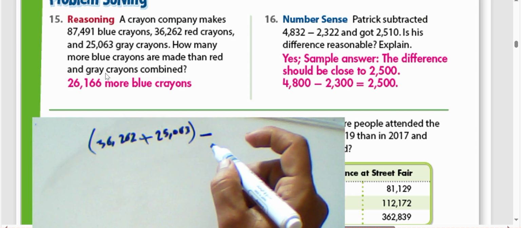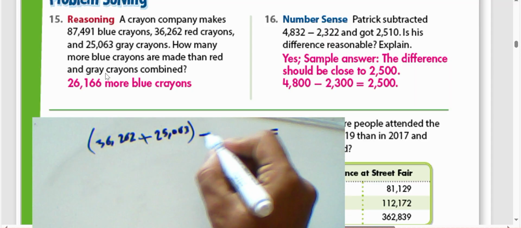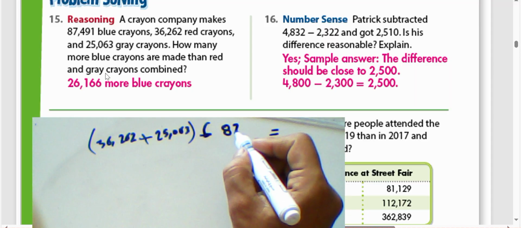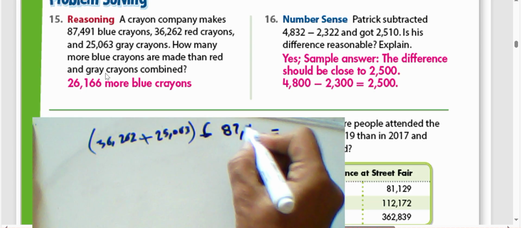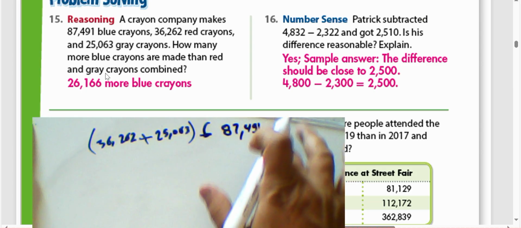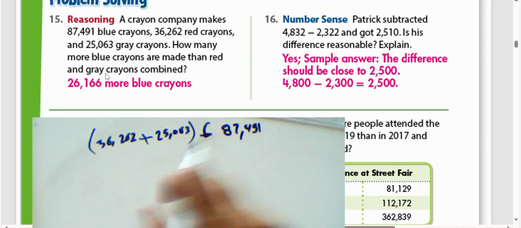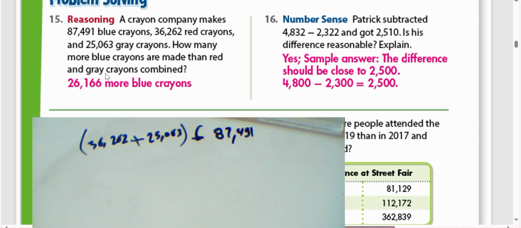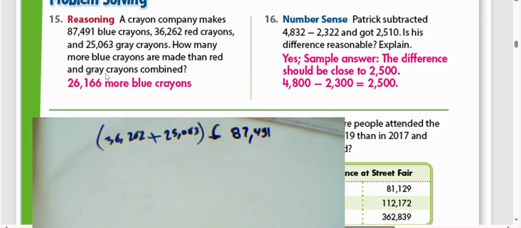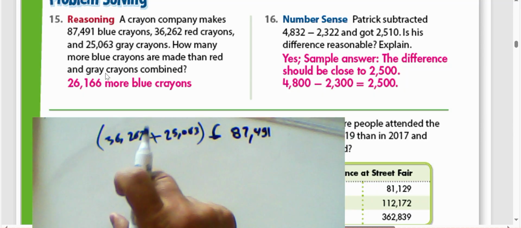Okay, the blue, the first one, 87,000, and we have here 87,491. Okay, first step, we add them together and subtract the result from this number, because this number is greater than the sum of them.